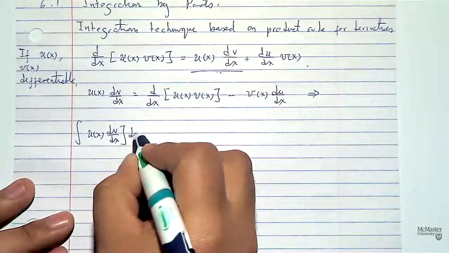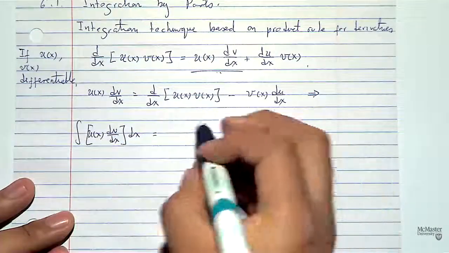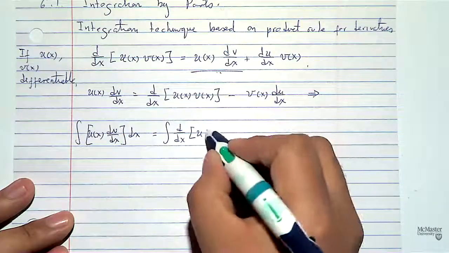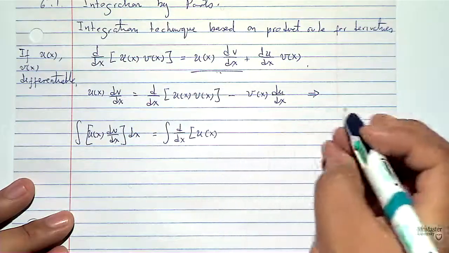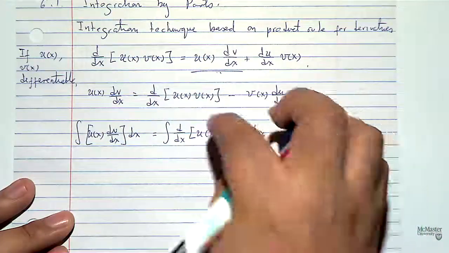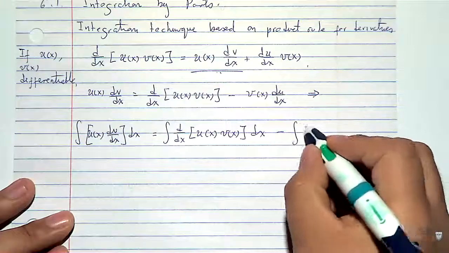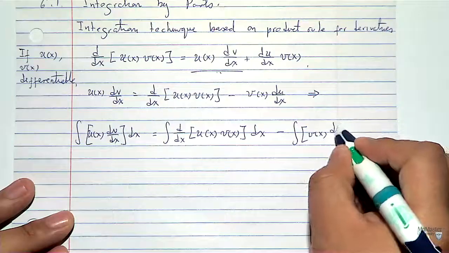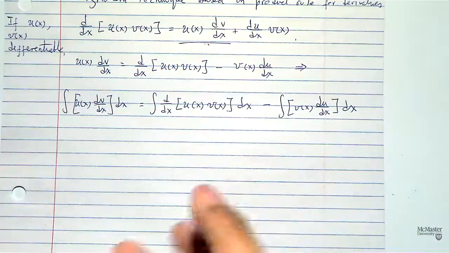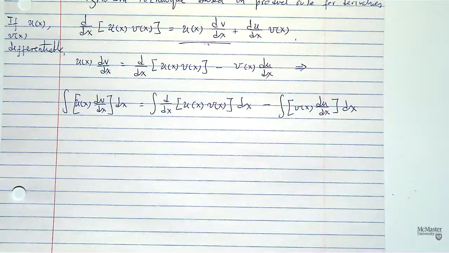I integrate this dx, and then this is equal to the integral of the derivative, using linearity, and also the fact that the integral of the difference is the difference of the integrals. So performing this one, and then the second integral of v of x du dx dx. Okay? So far, I have just played with equations, performed an integral, and it is what it is.